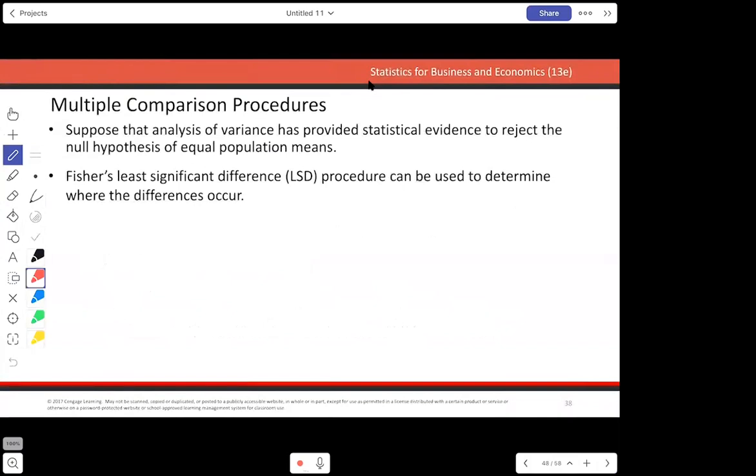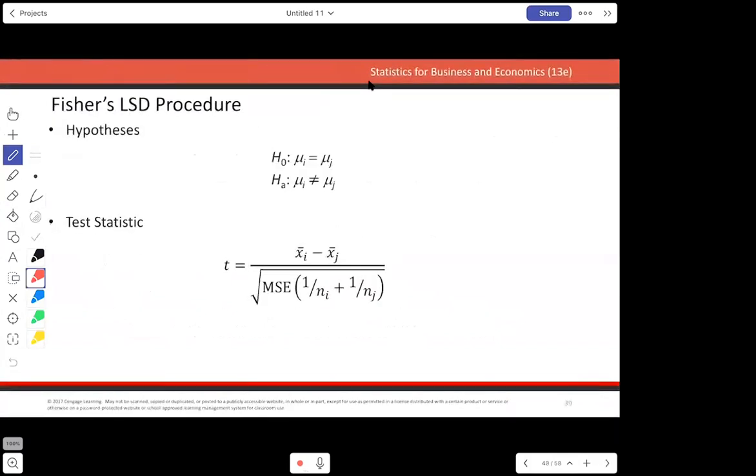LSD, least significant difference procedure, is what it's called. It's kind of similar to the Marascuilo procedure when we did chi-squared, except that procedure was designed for proportions, and this procedure is designed for testing differences between means.